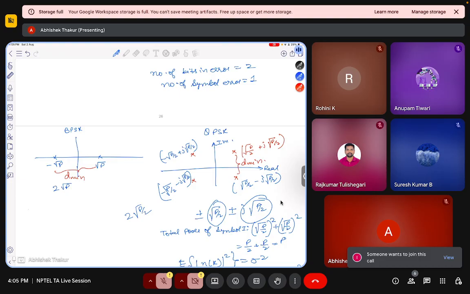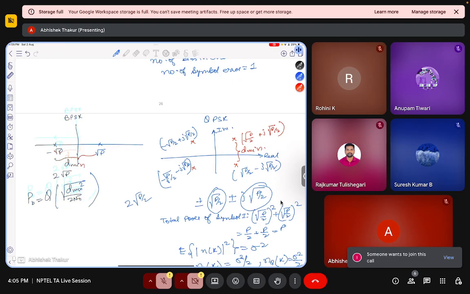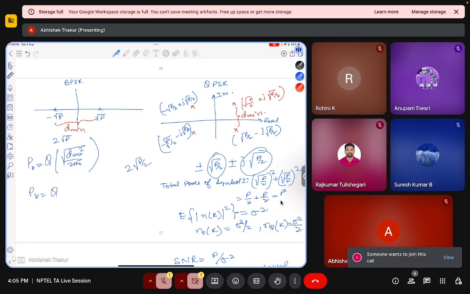So generally the bit error rate is given as Q of the square root of d min squared by 2 N naught. So here for BPSK it will be Q of, d min is 2 into root P, so it is 2 into root P squared divided by 2 N naught. So this we will get as 4 P by 2 N naught.